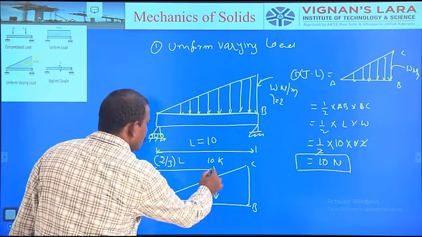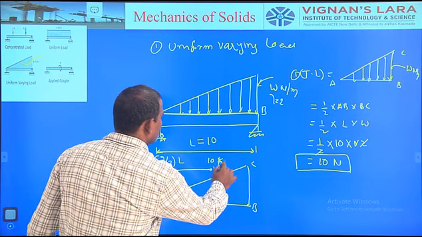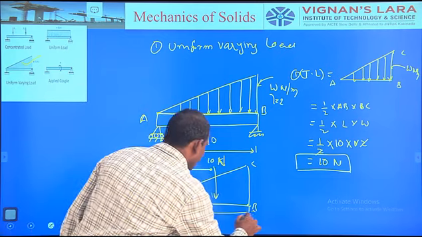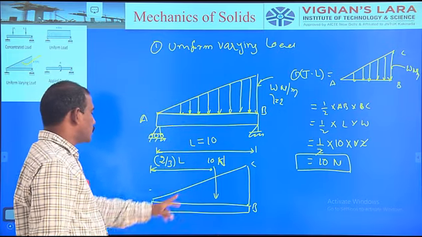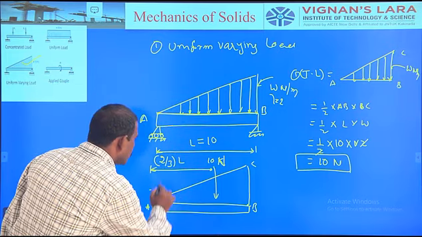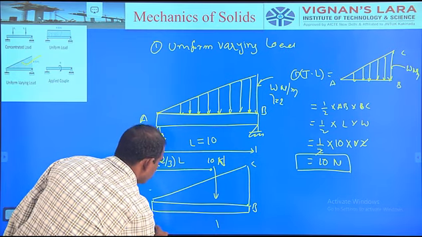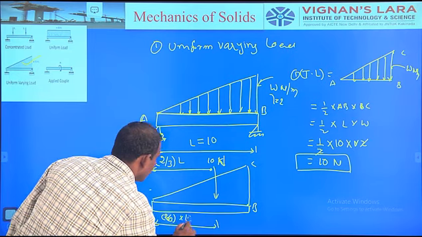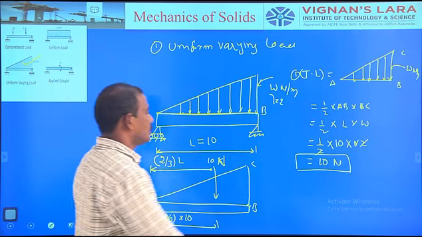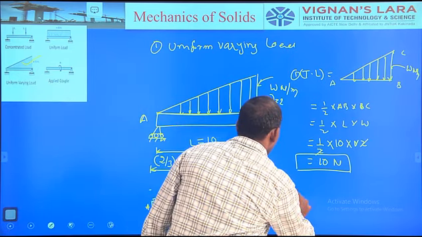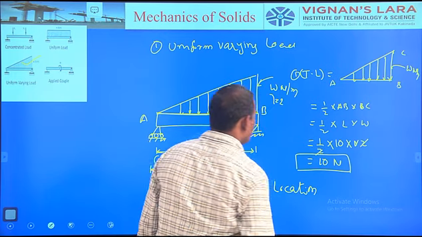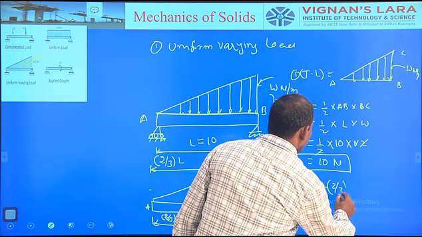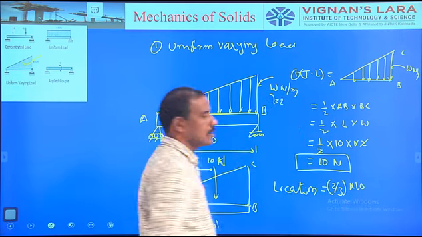So here the 10 newtons force is concentrated, on this beam, at a distance of 2/3 of 10. This is the point. This is the location. So the second one, the location, is also very, very important. That is equal to 2/3 of 10. So this is the location.